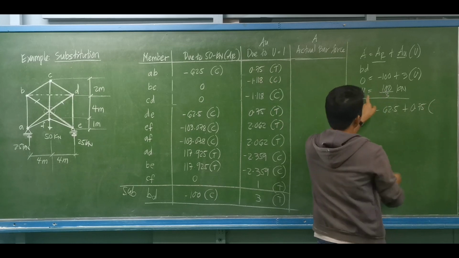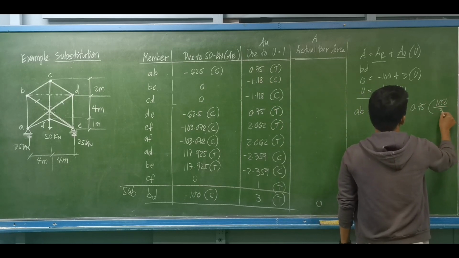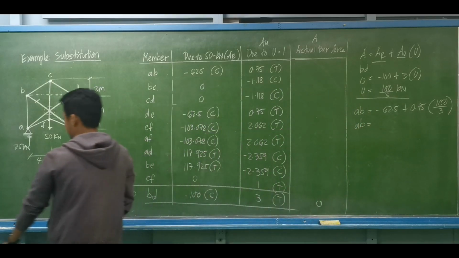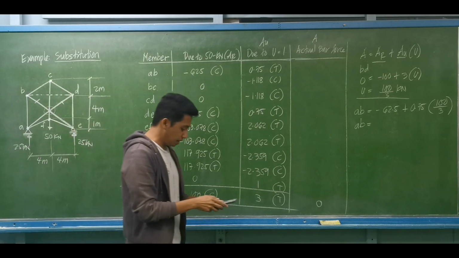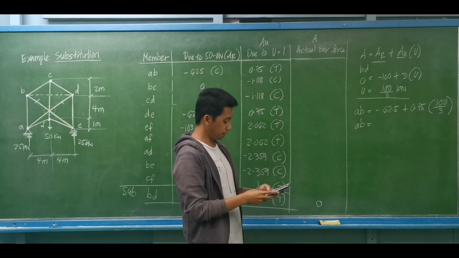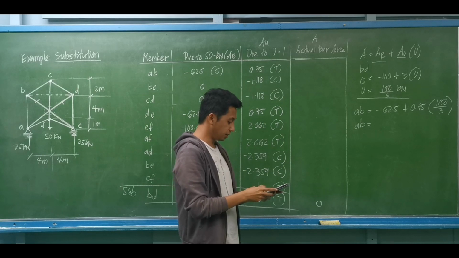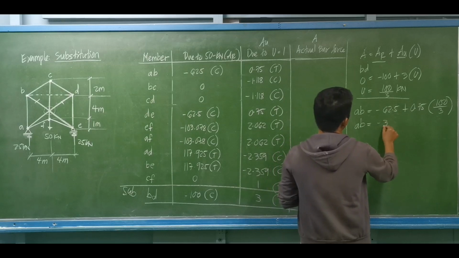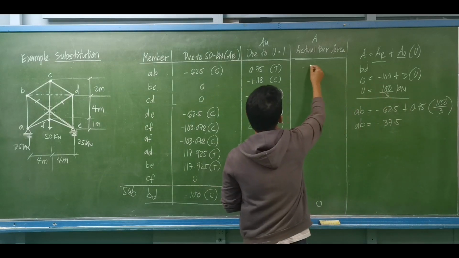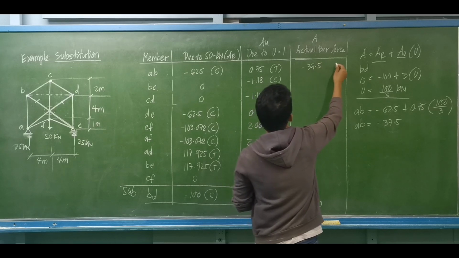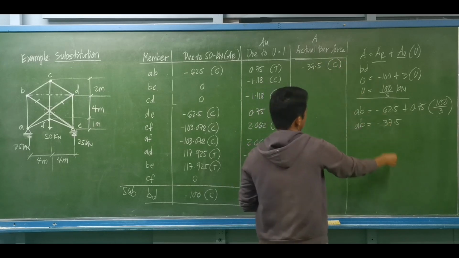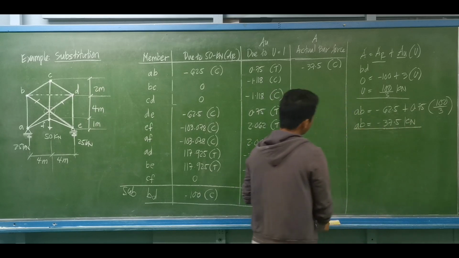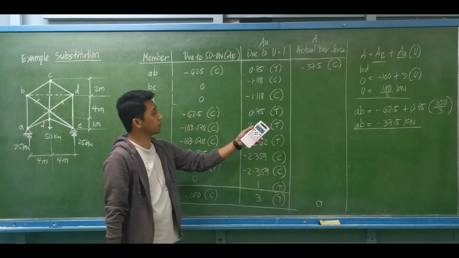What is the value of U? The value of U is equal to 100 divided by 3. So this will be the actual bar force for member AB. Let us compute: negative 62.5 plus 0.75 of 100 over 3. So we have a value of negative 37.5, which means it is under compression. This is in terms of kilonewtons, and that will be the actual bar force for member AB. So that will be the pattern.